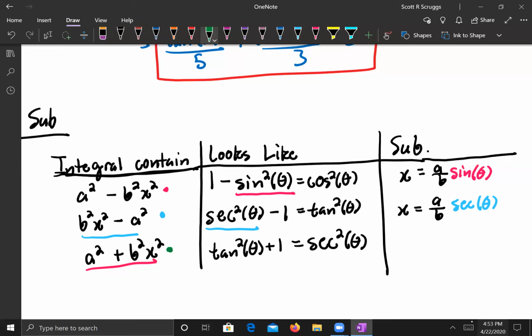And same thing with the third row. I want to use tangent squared of theta plus 1. So if I see an integral that contains a squared plus b squared times x squared, the trig sub that I'm going to do is x equals a divided by b times tangent of theta. And that's going to be my scenario to work with that.